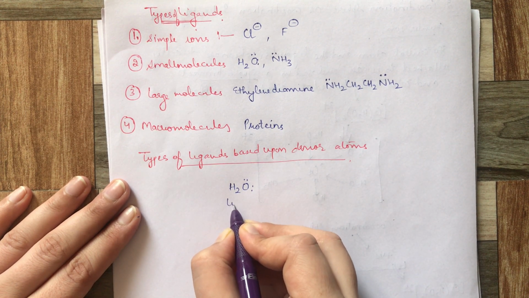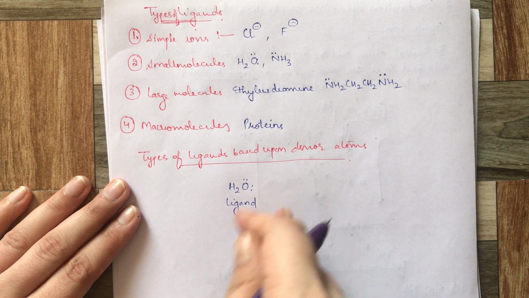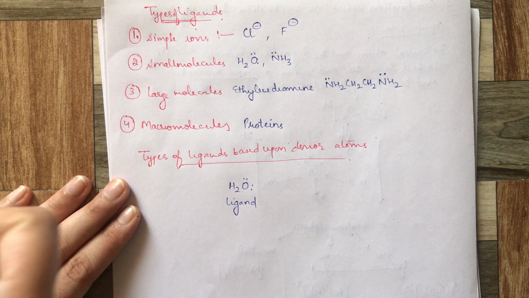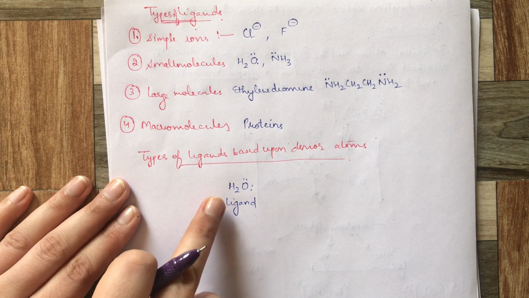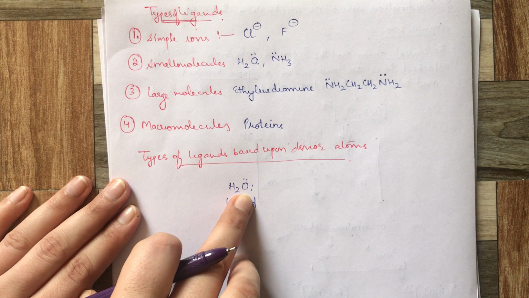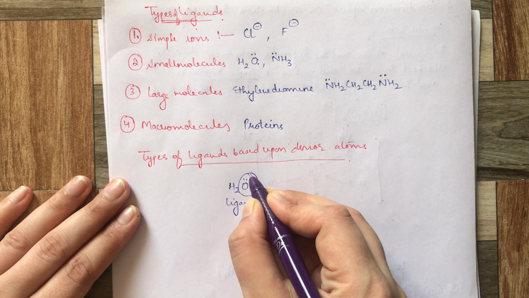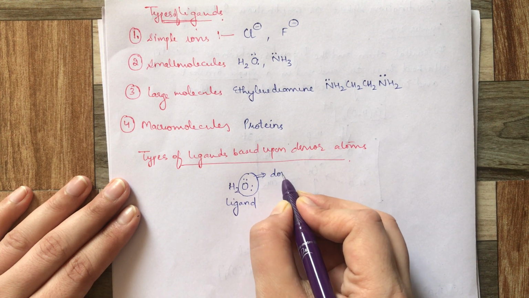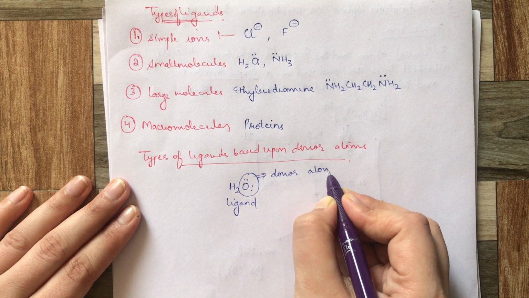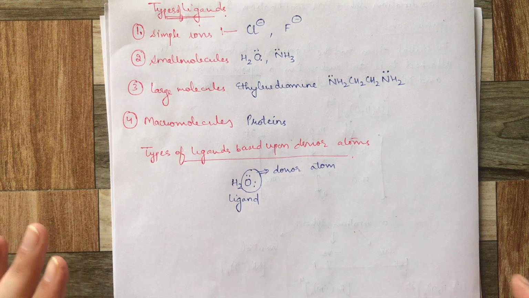Here water is a ligand, but out of the ligand, which atom donates its electron density? Hydrogen cannot donate its electron density. Oxygen will donate its electron density. So from the water ligand, this oxygen will be the donor atom. Means the atom from the ligand which is responsible for the electron density donation, right?